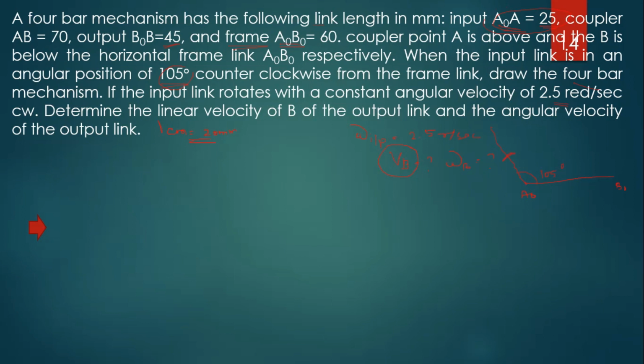So this is actually A, right? Now B. So what is the length of AB? See here, A is above and B is below the horizontal frame. So A is above, this is A, then B should be at the bottom of A0B0, right? So somewhere below this A0B0. It's a fixed frame.